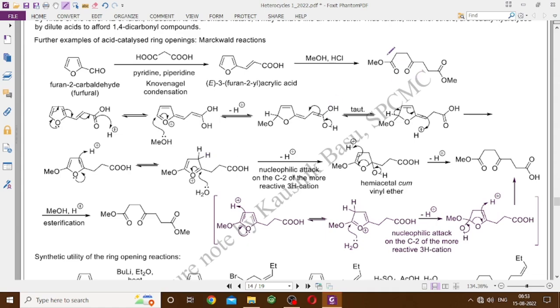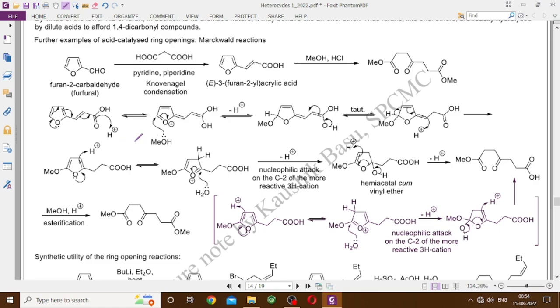This is not exactly unexpected, because the attacking nucleophile is methanol here. If water had attacked, we would have got a carboxylic acid. This time methanol is attacking, therefore we have ester. But what about this double bond? Where did it go? Methanol HCl is not exactly bad for esterification, so we can understand the esterification as well, but where is the double bond?